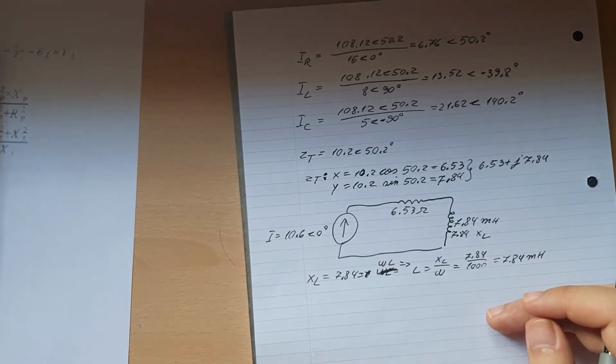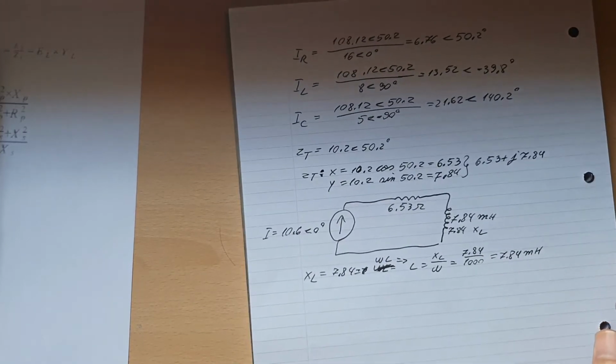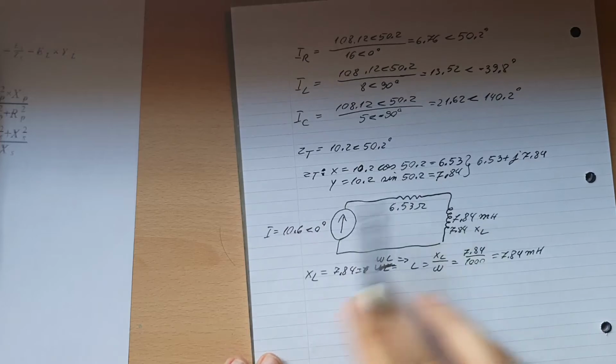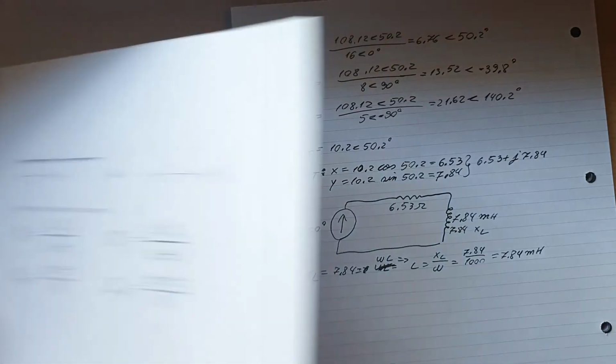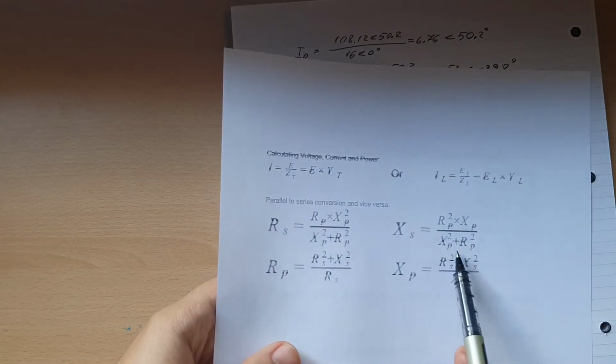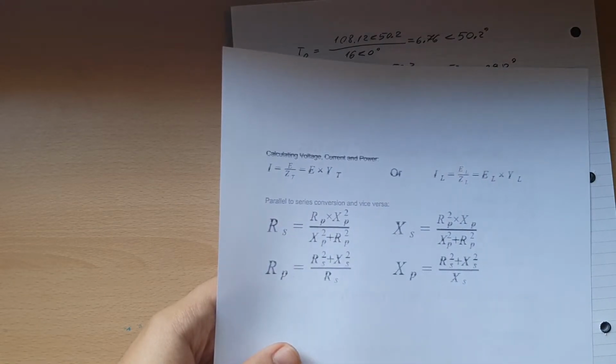All right. So in case you want to transform this big circuit into a simple two-component series circuit like this one here, you just do that. And it's also the introduction to this formula here that can make series components into parallel components. I'll show you how you do that.